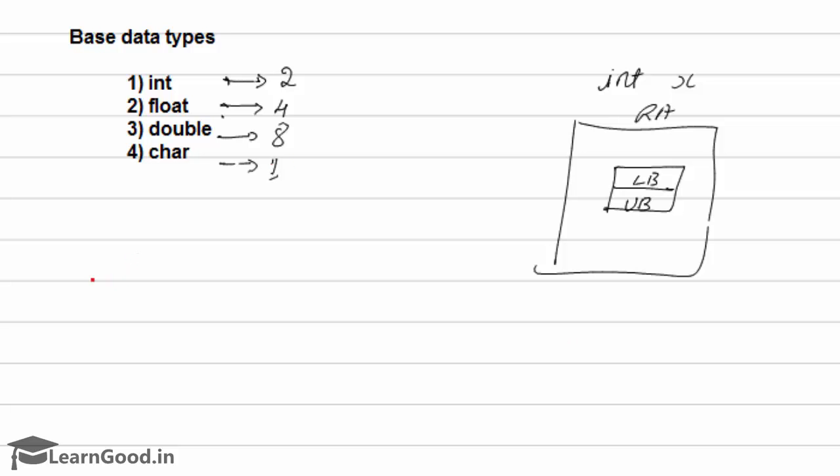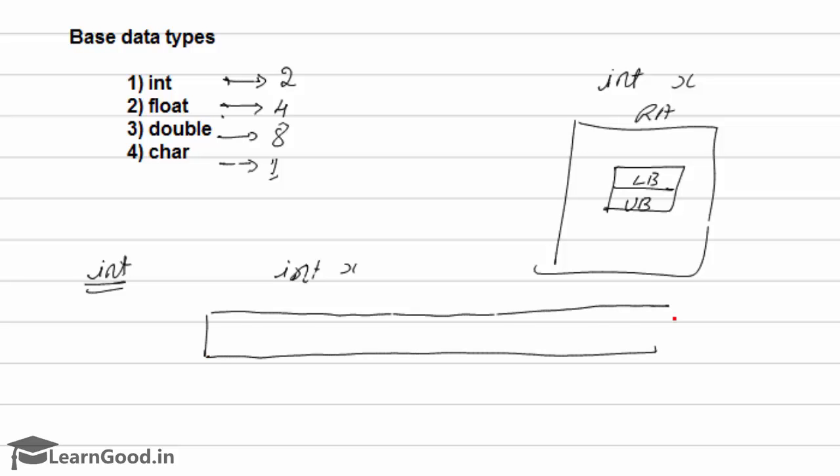First we'll discuss the int data type. As I said, integer will occupy 2 bytes. Now if I declare int x, continuous 2 bytes are allocated. 2 bytes means a total of 16 bits. Let's take this as the lower byte and this one as the upper byte. The lower byte is made up of 8 bits, and we number them 0, 1, 2, 3, 4, 5, 6, 7.